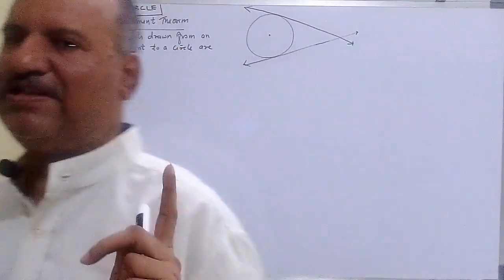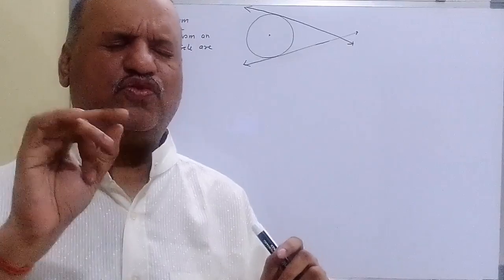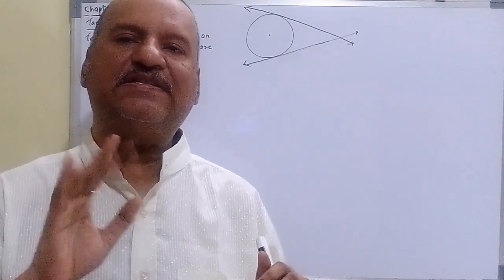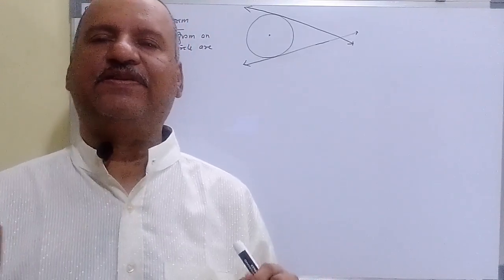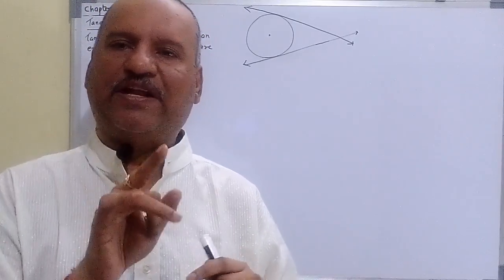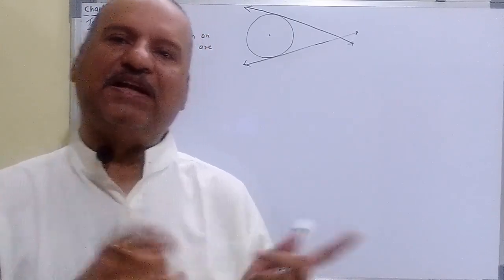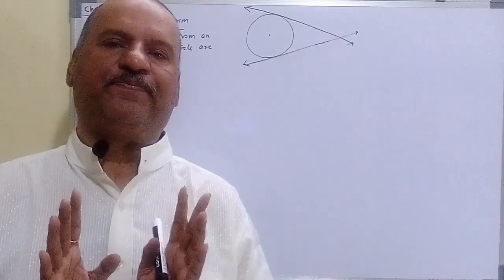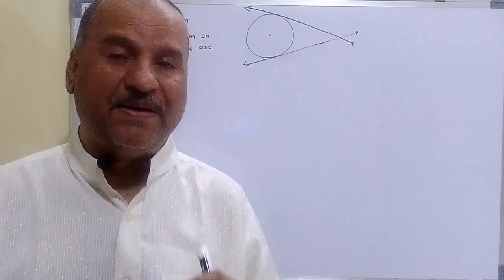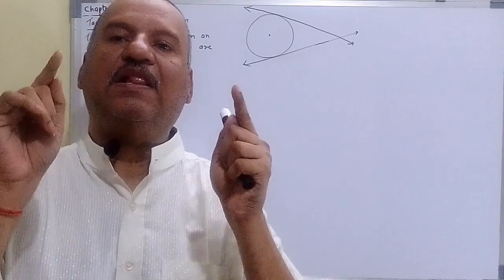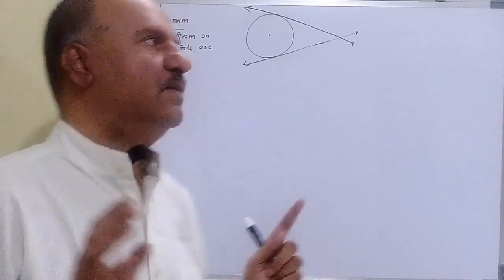In earlier first two theorems we were not interested in the length of a tangent, we were interested in the concept, वो perpendicular है या नहीं, अगर perpendicular है तो वो tangent है वगैरह वगैरह. यहाँ हमें specifically length से मतलब है.